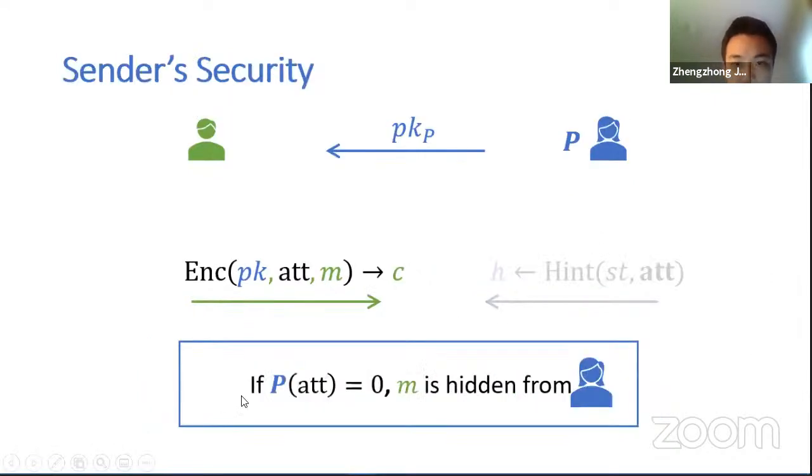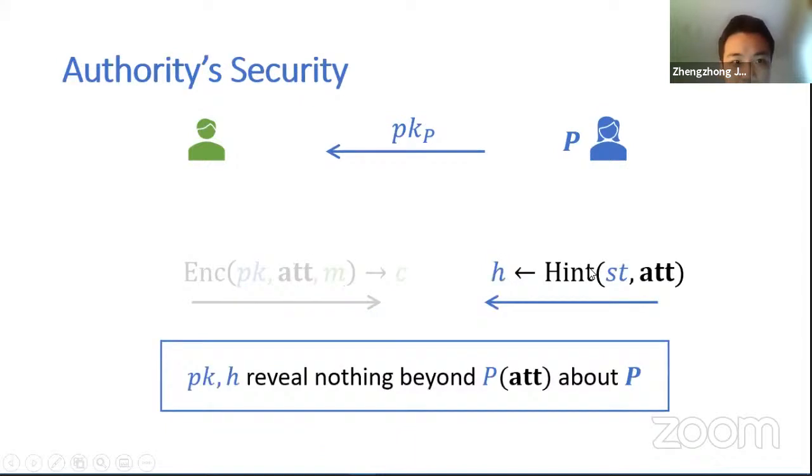On the other hand, if the attribute is not satisfied by the policy, we require that the message M is hidden from the authority. And on the authority side, we require that the public key and the hint reveal nothing beyond whether the attribute is satisfied by the policy or not, and hide everything else about the policy.